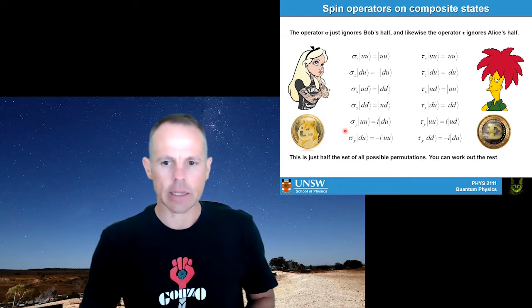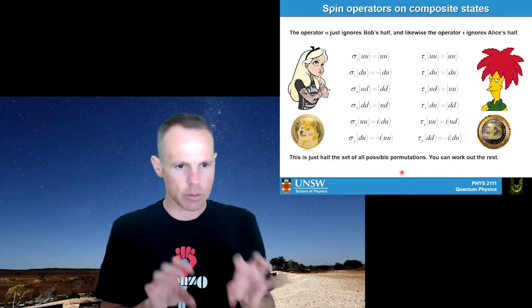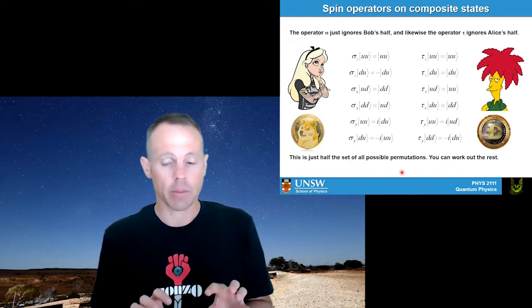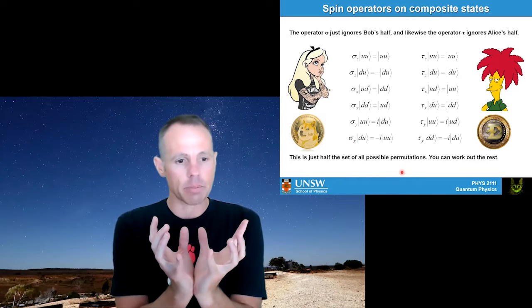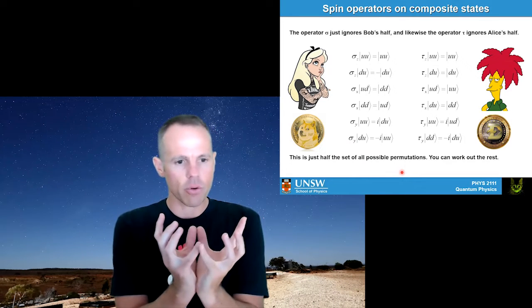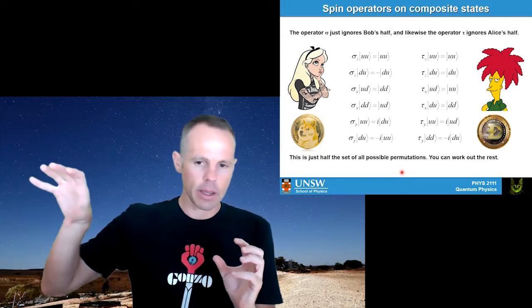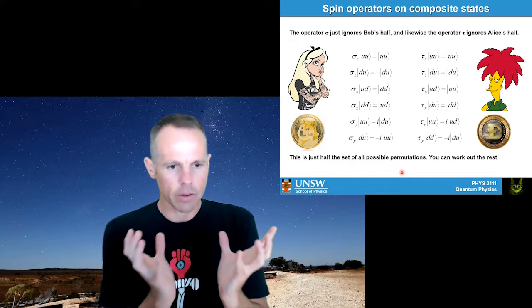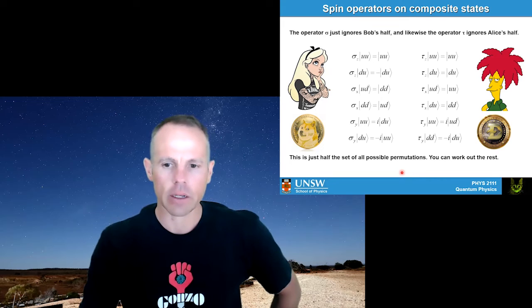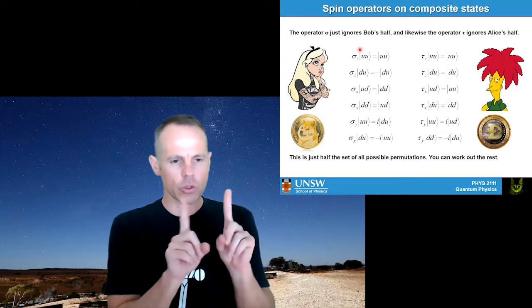One thing that we're going to need today is the ability to deal with spin operators on composite states. Remember yesterday I talked about how we can build a combined space that is the product of the Hilbert space for Alice's spin and the Hilbert space for Bob's spin. It's a four-dimensional complex vector space, and we write it with two labels in it.